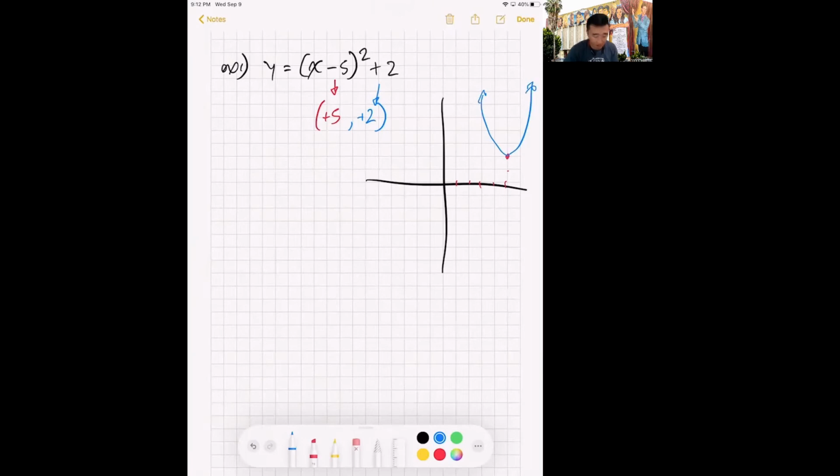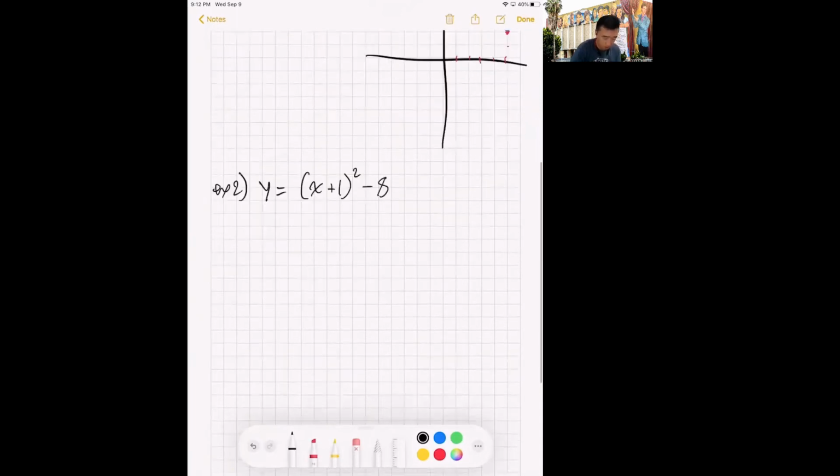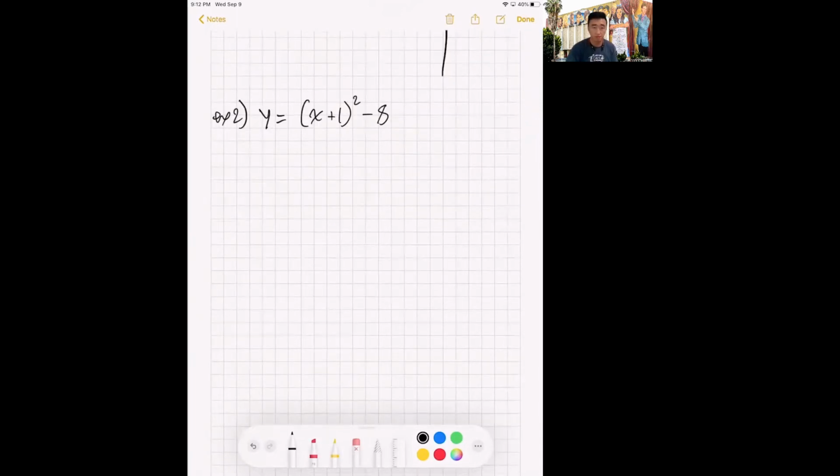We'll learn how to graph it, but right now, all I want you to figure out is how to find the vertex, okay? So let me show you another one, number 2. Y equals 2 times (x plus 1) squared minus 8. Let's go with that. All right.